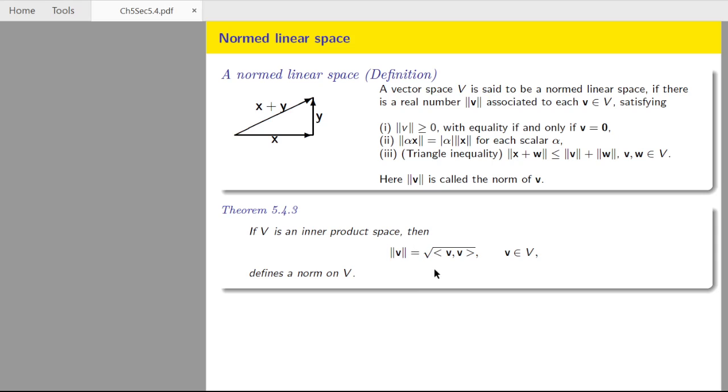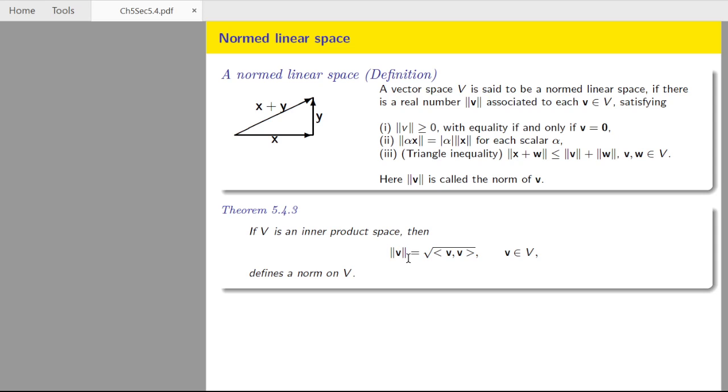Now, when we read this, we need to be careful because V is the inner product space, so the inner product of v and itself is well defined. Take the square root, no problem, because the inner product of v and itself is non-negative. But here, the symbol for the norm should be read as new.